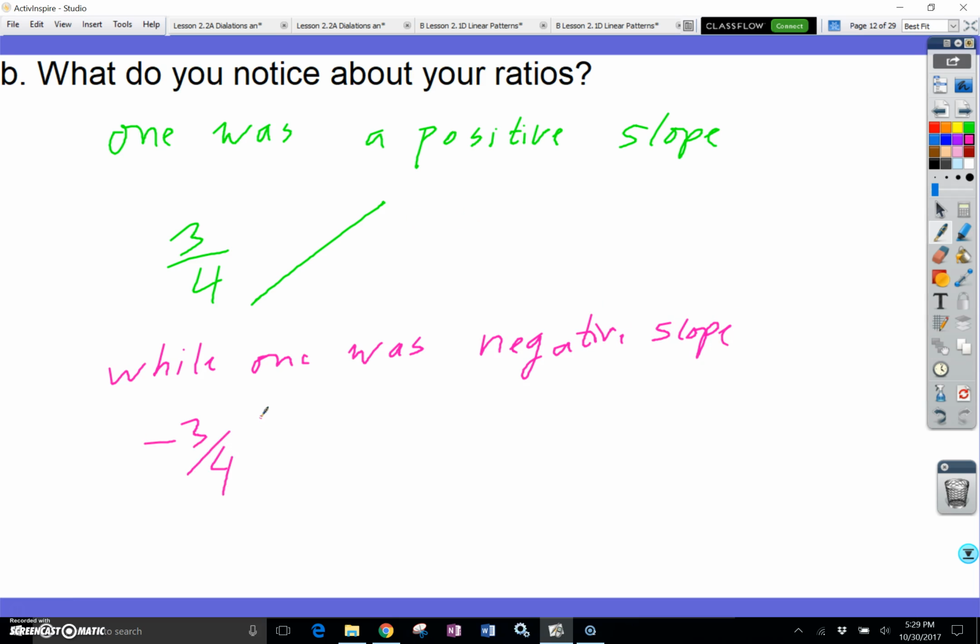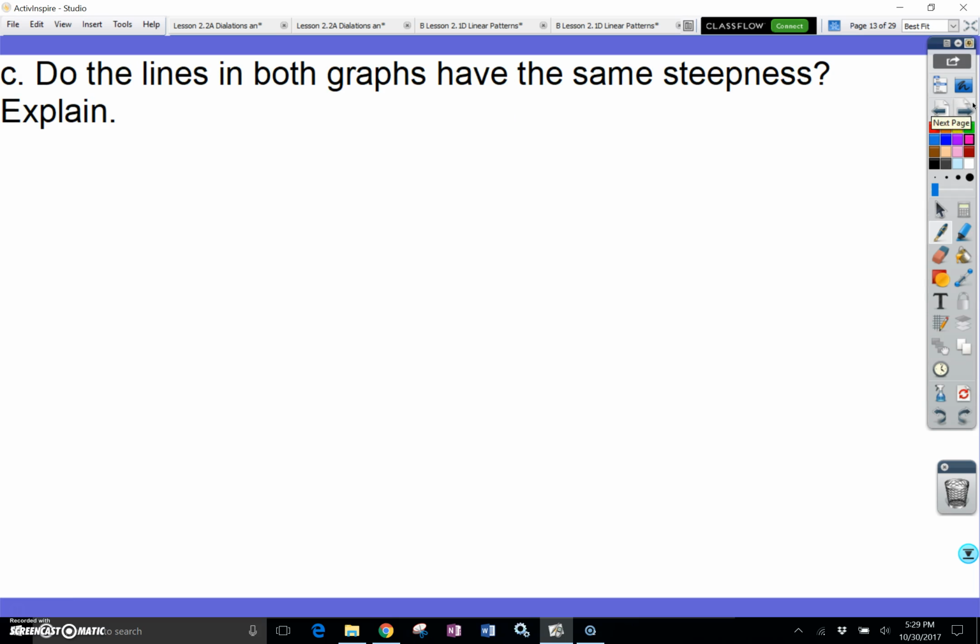That was the one from left to right that went down like that. They both have the same steepness. One was just positive and one was just negative. So do the lines of the graph both have the same steepness? Yes.